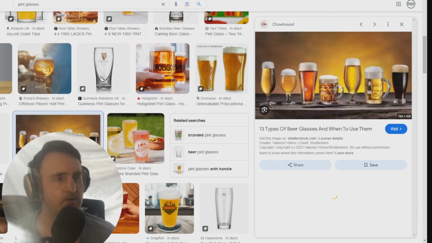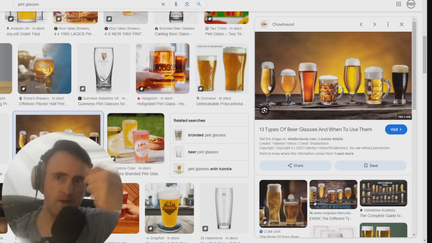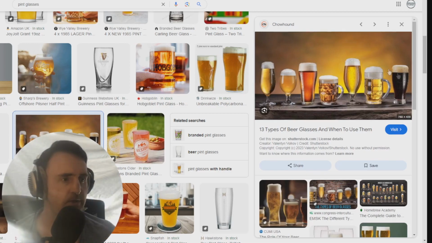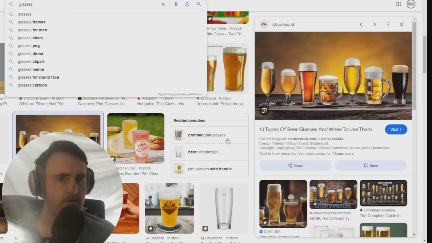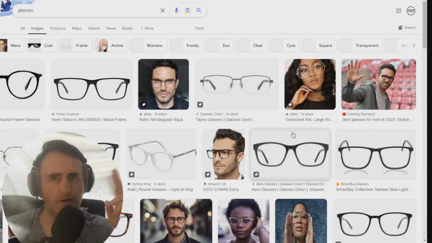So here is some different types of glasses. Some are short, some are wide, some have handles. Different beers and different glasses. And if you can't see that very well, put on your glasses. So the two types of glasses.